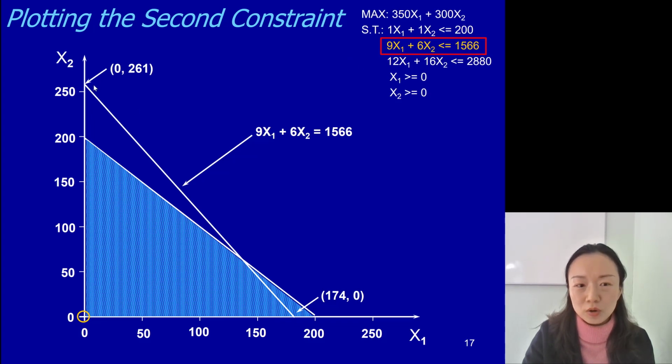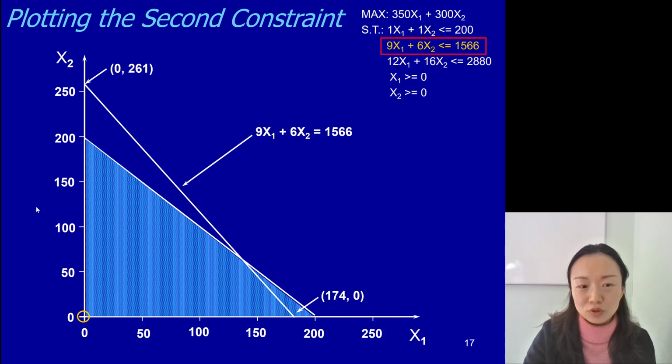If we want to know whether I shade the area under this line or above this line on this side, let's check if 0 satisfies it. So you put the 0 into this equation. 0 is less than or equal to 1566, which means (0,0) satisfies this constraint. So (0,0) should be included in the area you shade.